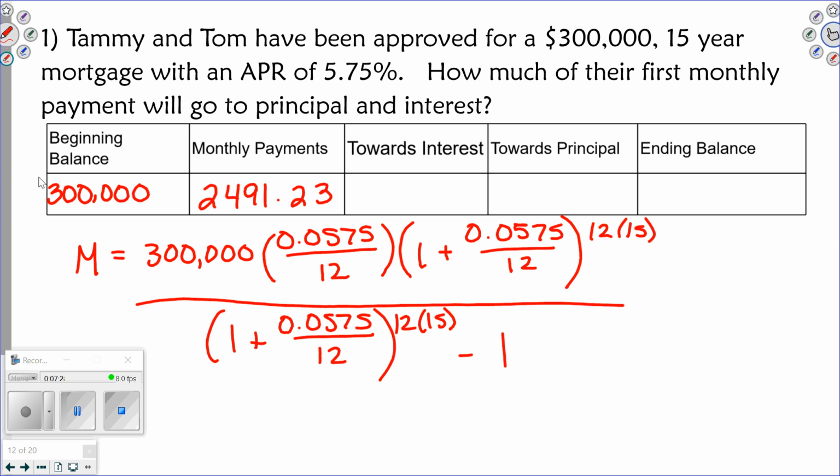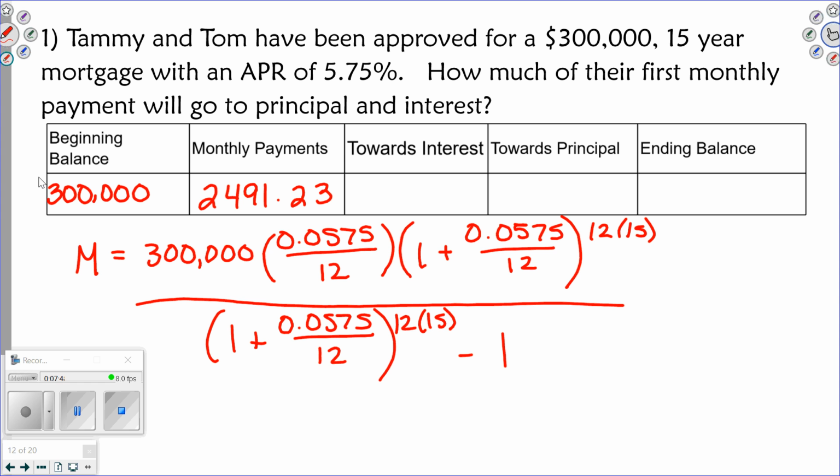That would be our monthly payment. Anyone not able to get that for your monthly payment? Joanne, you okay? Okay.